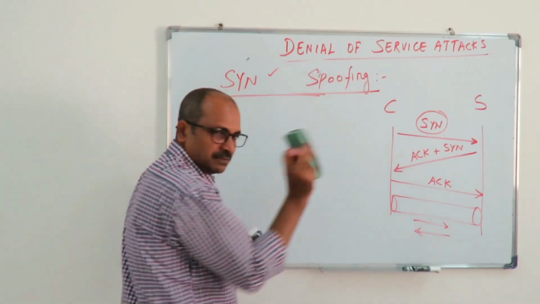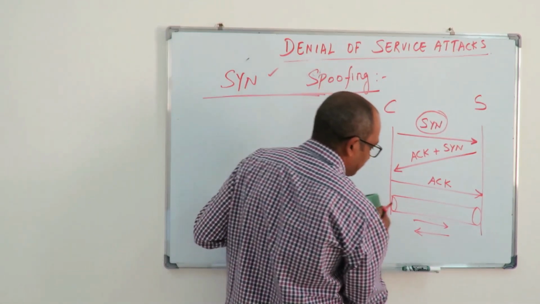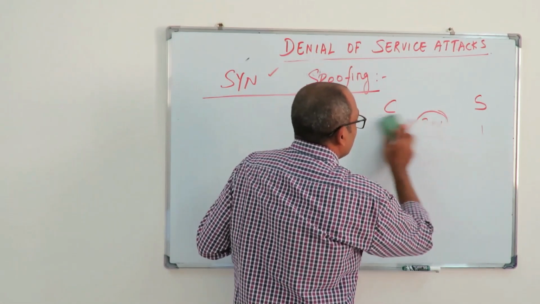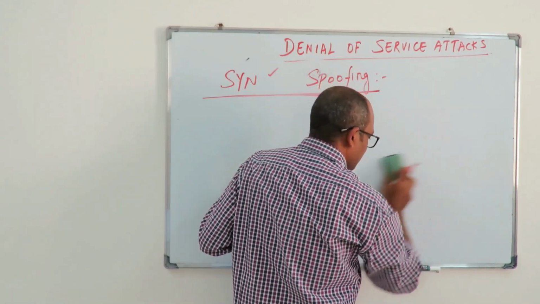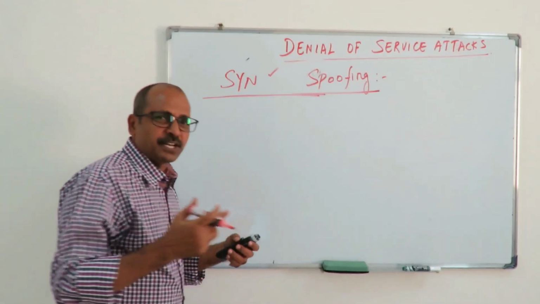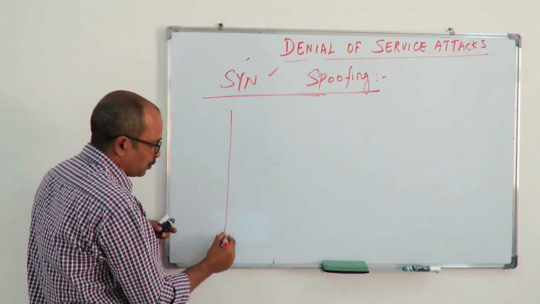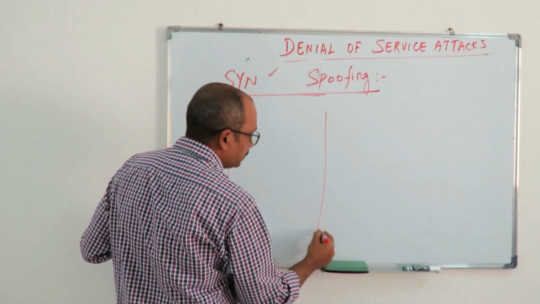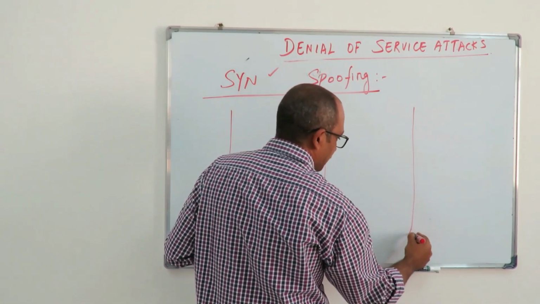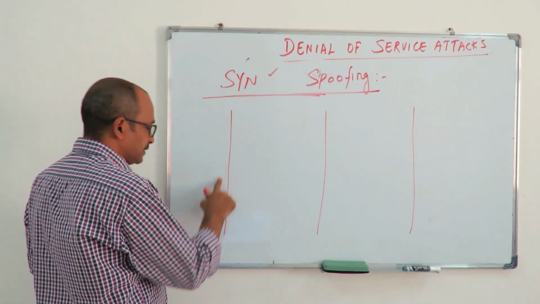So this is the three-way handshake of TCP protocol. Now, we are going to use the SYN for generating the denial of service attack. So I am going to take three machines here, three computers.